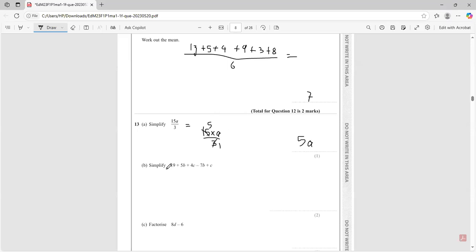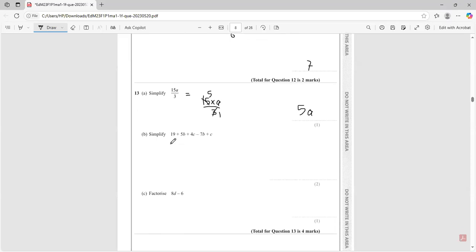Okay, moving on. Of course, you can see that we're collecting like terms for this one, even without being told. So let's quickly work it out. 19, and if you collect like terms, I'm having 5b. Do you see the good thing about some of these questions? You don't need to rewrite the question the way it is.